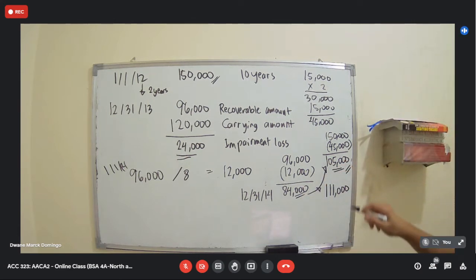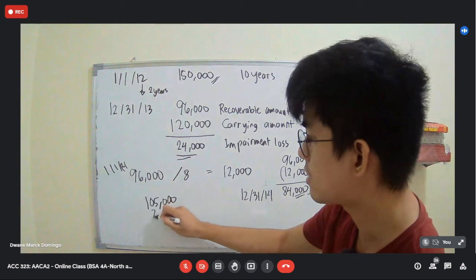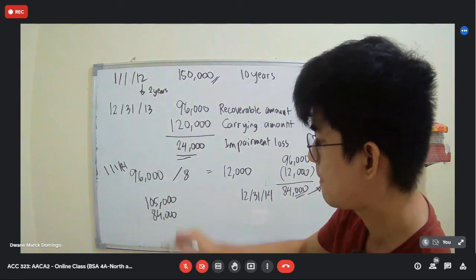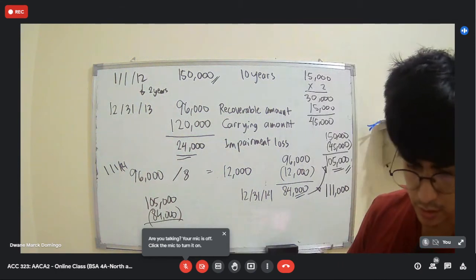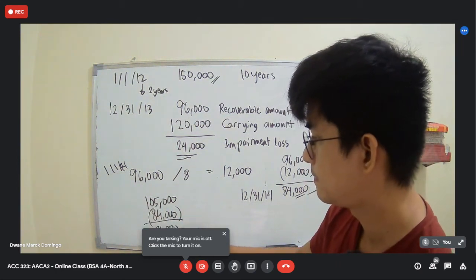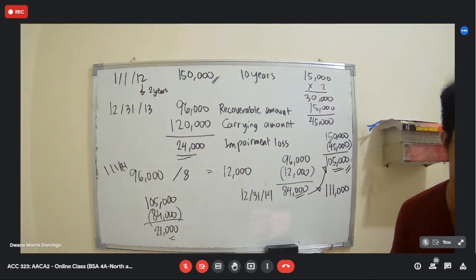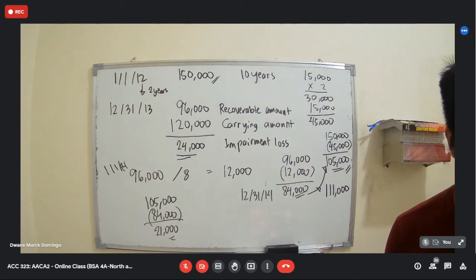So what will happen? 105 minus 84,000. So ang sagot will be 21,000. So, sagot sa last number, 21,000.